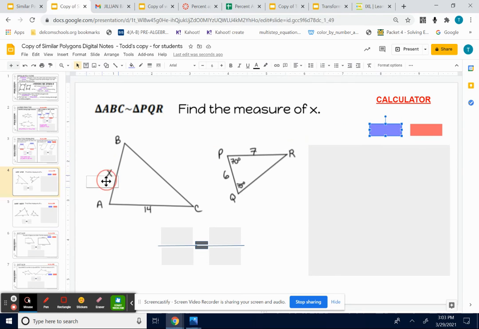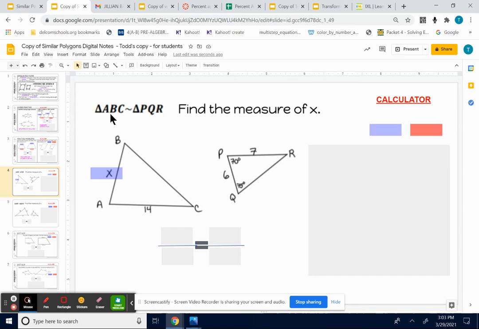If I'm looking at side X, look up here in this statement. Triangle ABC is similar to triangle PQR. Look at X. X is between A and B. A and B are the first two letters with the ABC part.